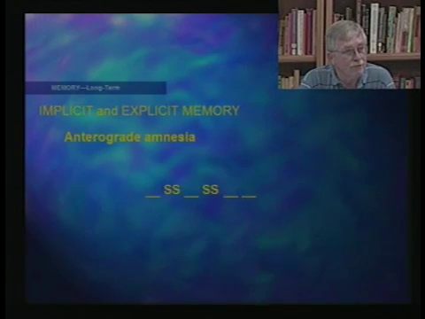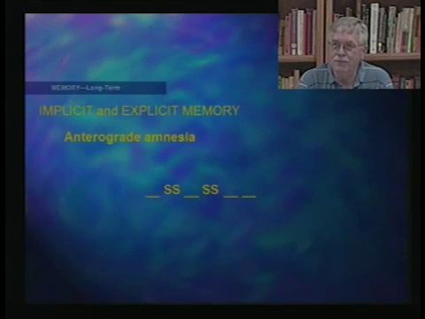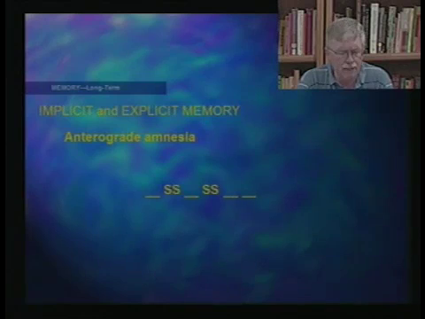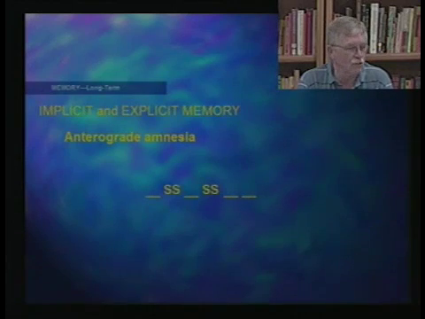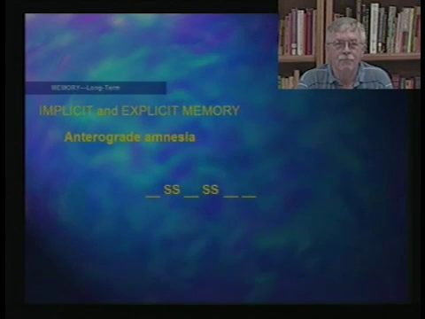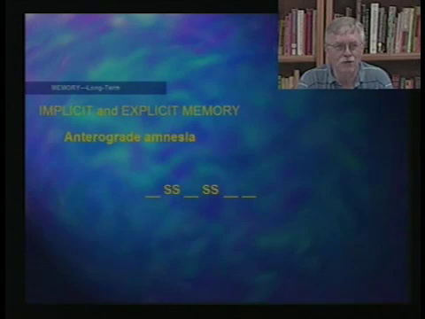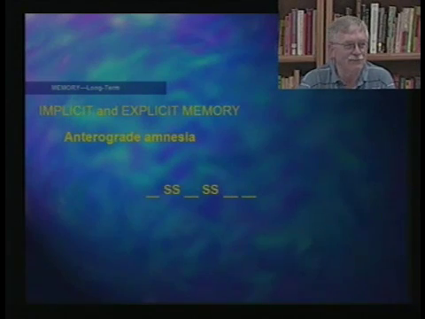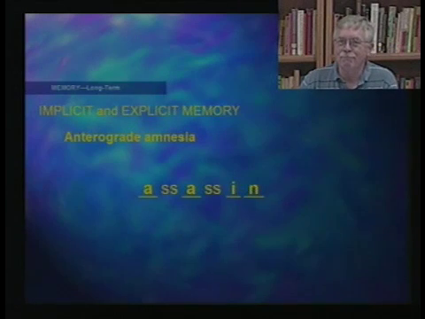And yet, we bring them back into the lab the next day, in a different situation, testing them in a different or unrelated form, and we pose to them an anagram like this, which has 4 out of the 8 letters of the words they originally learned, and ask them to recall it. Do you know what word is involved there? Let's see if you remember the word. We haven't actually studied it, but the correct answer in that case is assassin.